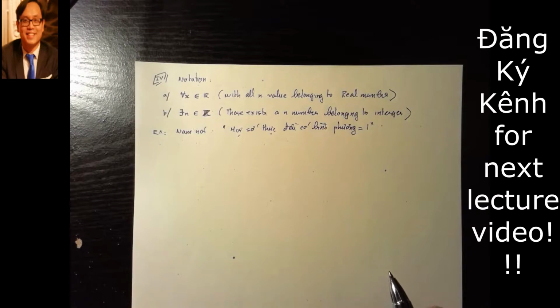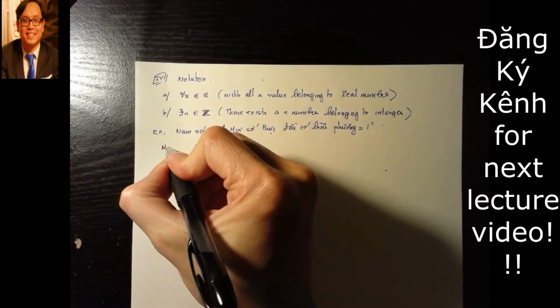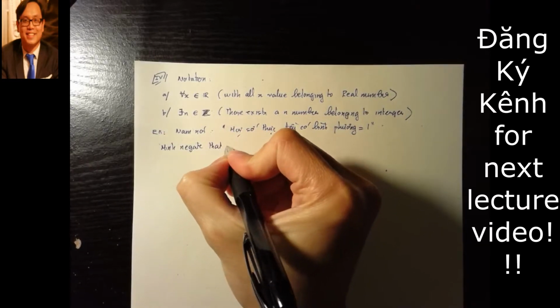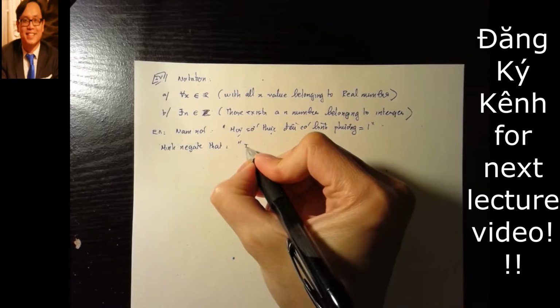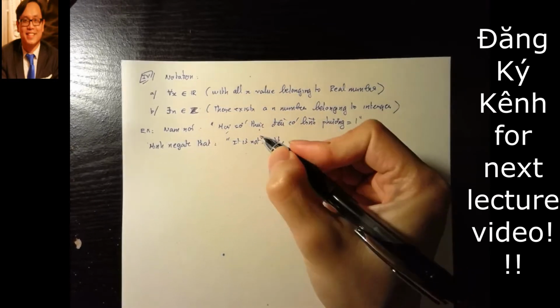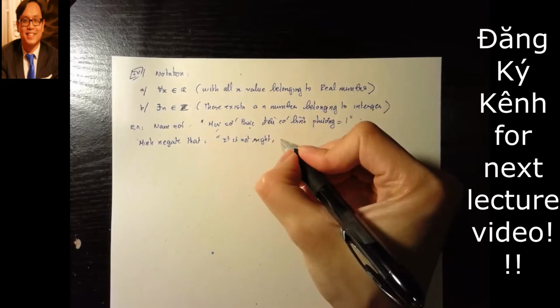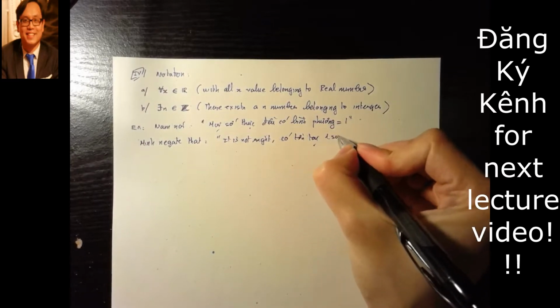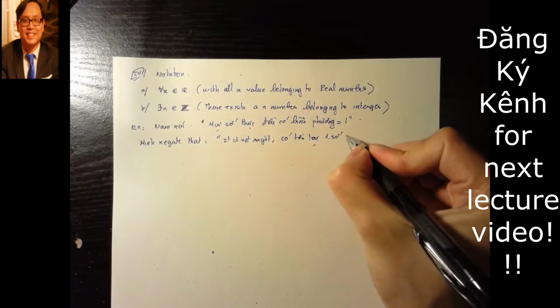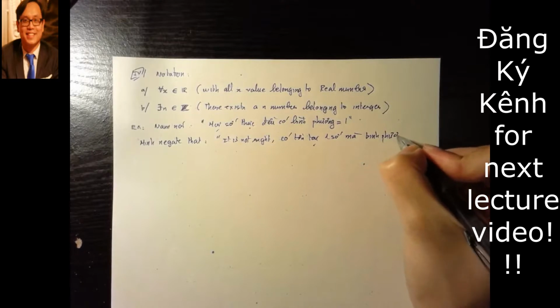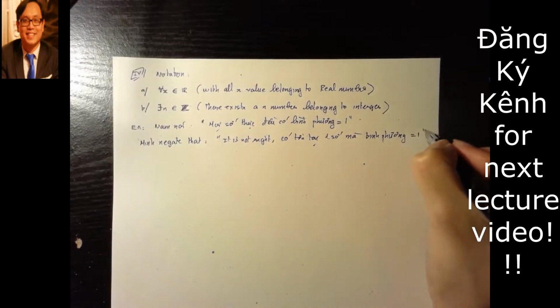Then mình negate that: this is not right. And có tồn tại một số mà bình phương bằng 1.